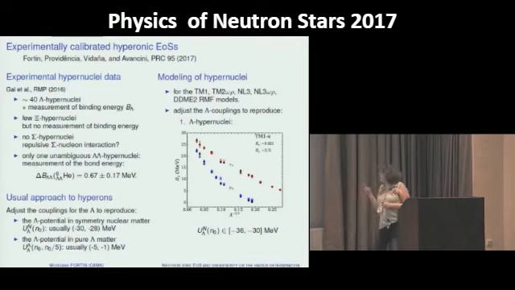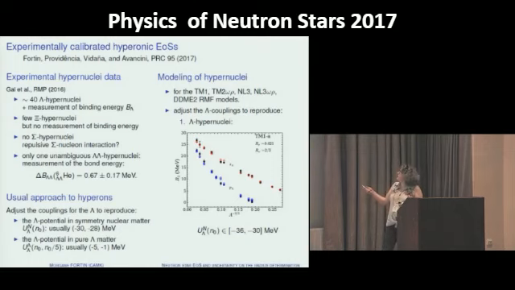What we did with my collaborators this time was not to adjust the coupling to reproduce these quantities, which are interpretations of the experimental data, but really to adjust the coupling to the real experimental data.